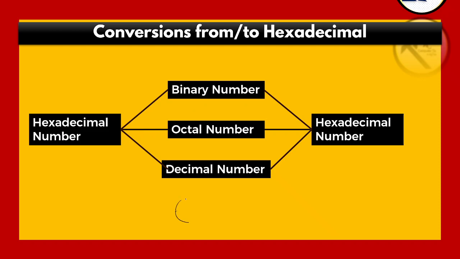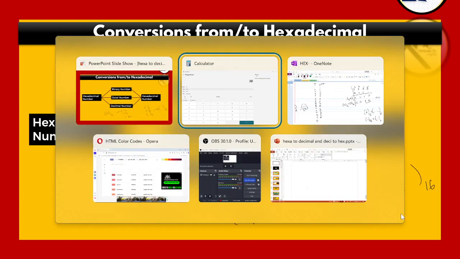Now, I have this hexadecimal number, suppose 10 in hexa, and we have to find out its binary equivalent, octal equivalent, decimal equivalent. Or I am given a binary number, octal number, or decimal number, and you have to convert it into its hexadecimal equivalent. What does this 10 mean in the hexadecimal number system?